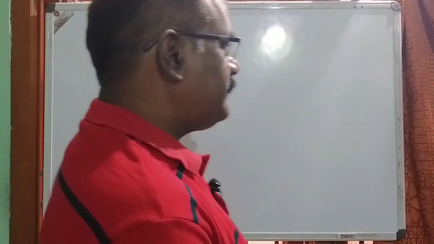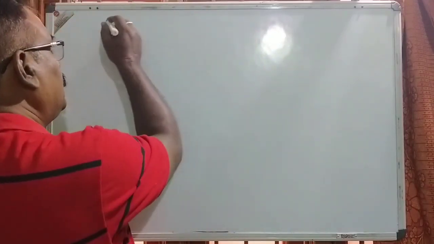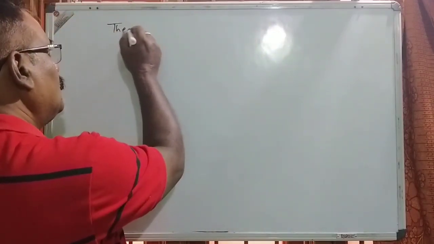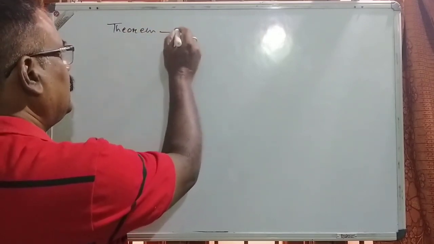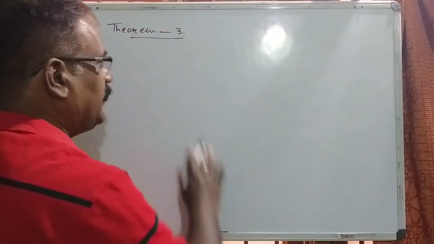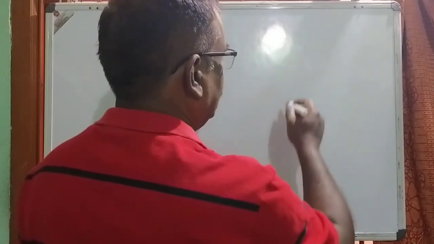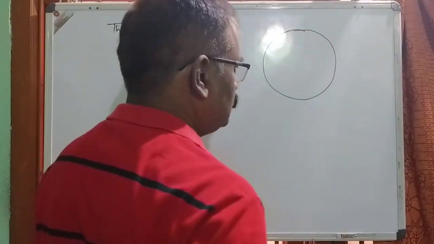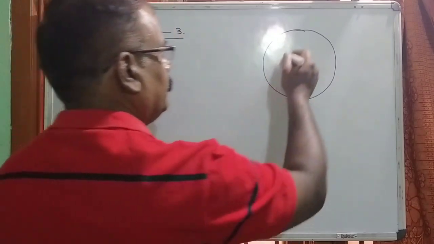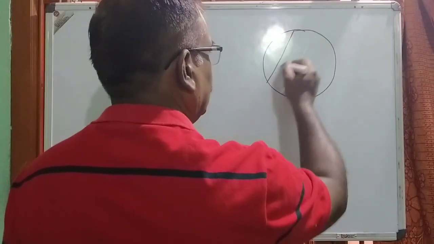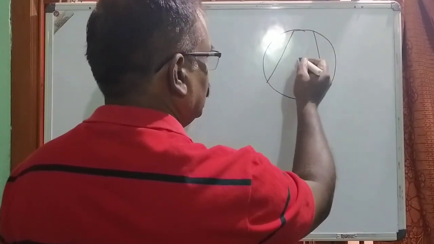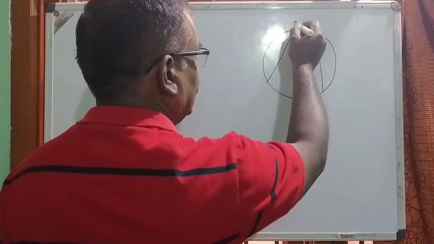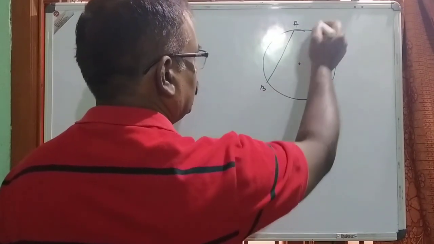The next part we will see, in the case of a circle, is theorem number 3 regarding the circle and chord properties, which states that in one circle, if two equal chords are drawn, then these equal chords are equidistant from the center.